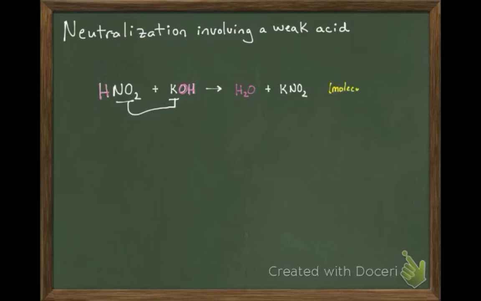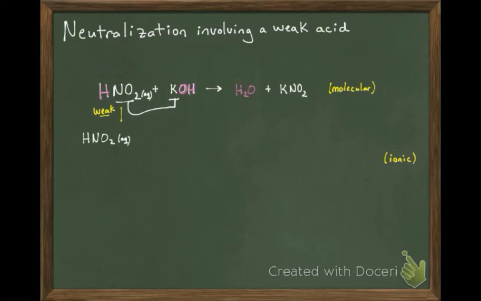This is the molecular equation with everything written together, and we can also represent it as the complete ionic equation. HNO2, being a weak acid, does not appreciably ionize in water. So we have aq representing that it's in aqueous solution. We're going to keep the HNO2 together.